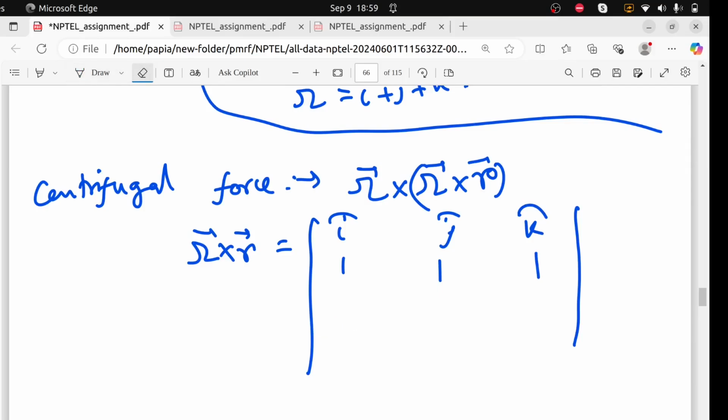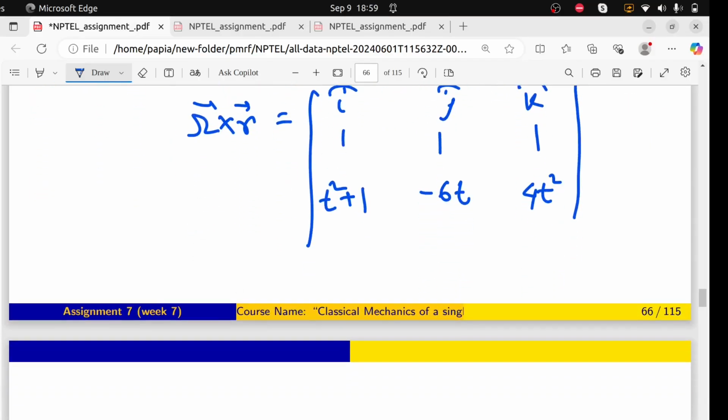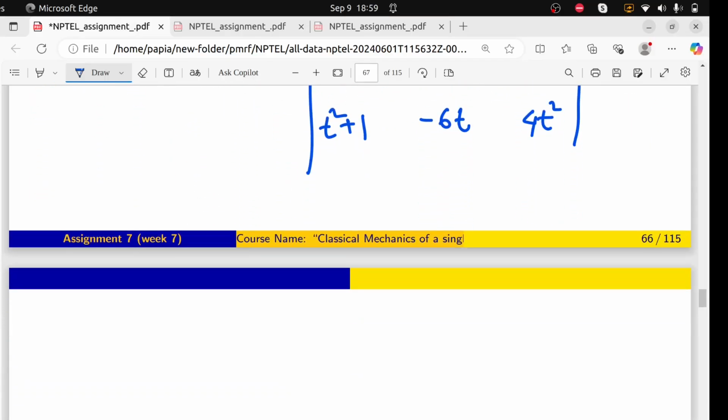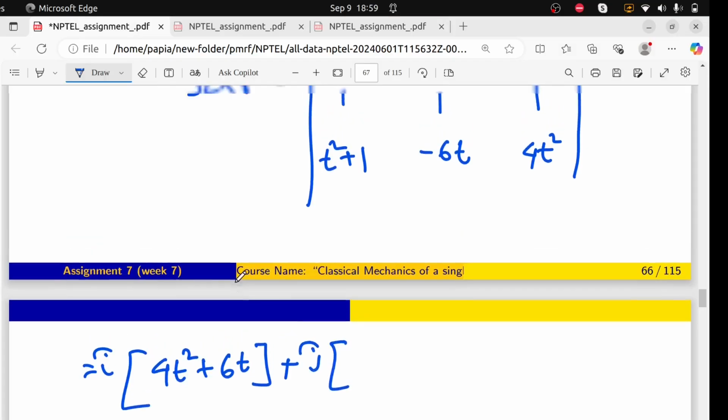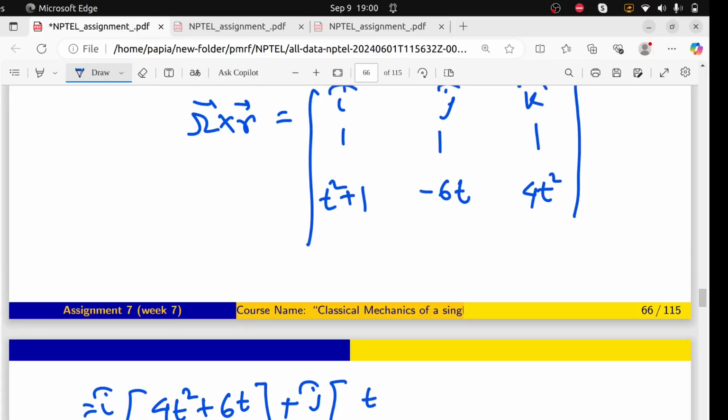Sorry, it will be t square plus 1 only. T square plus 1, minus 6t, 4t square. Now you can see, t square plus 6t, then t square plus 1 minus 4t square, plus k cap, minus 6t minus t square minus 1.